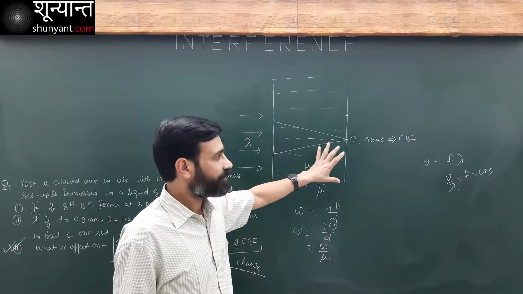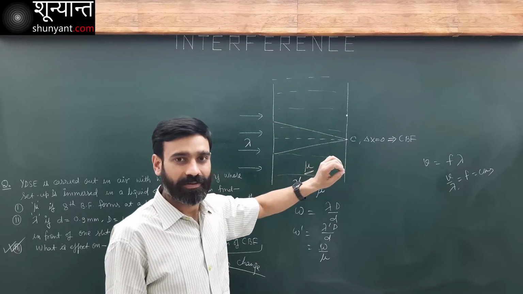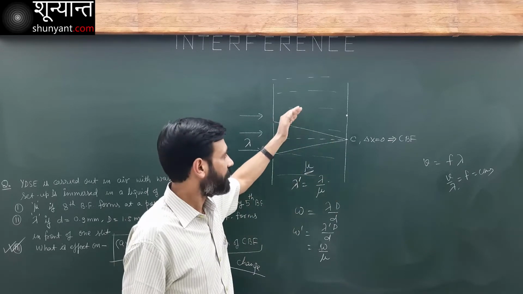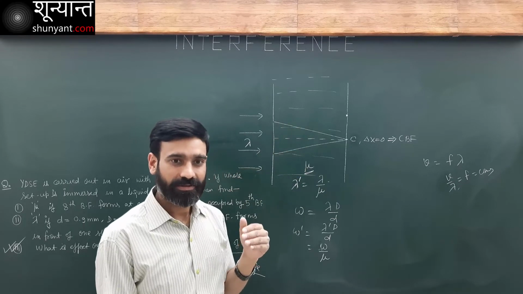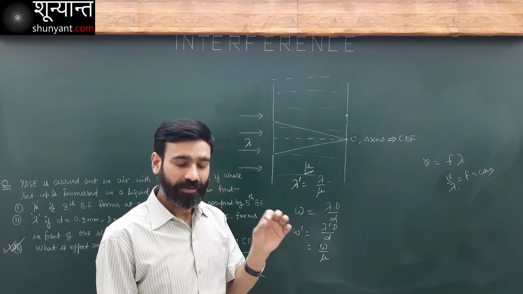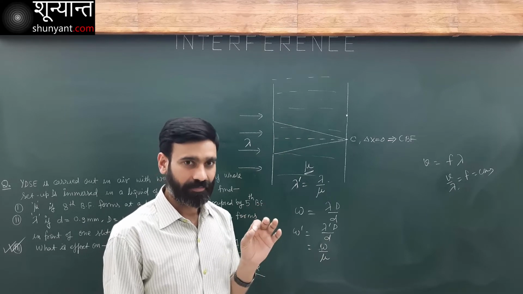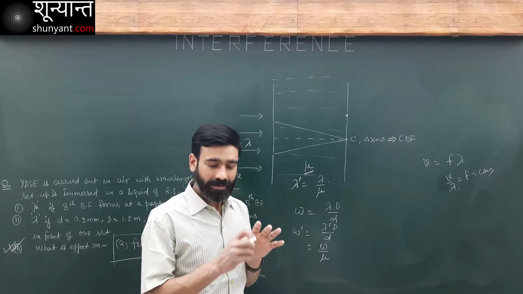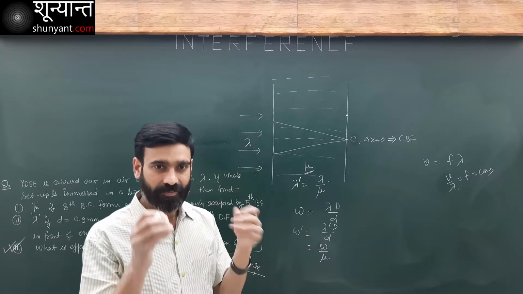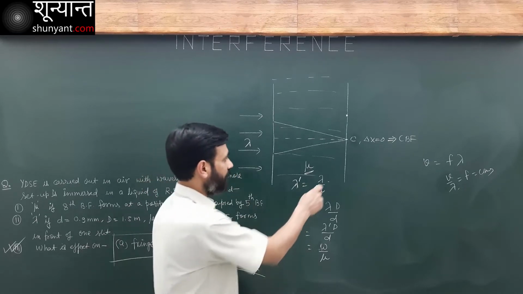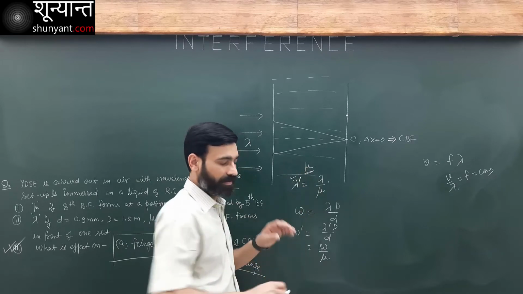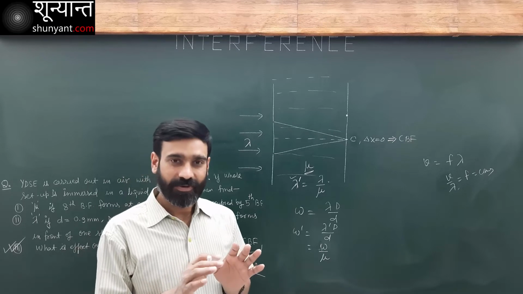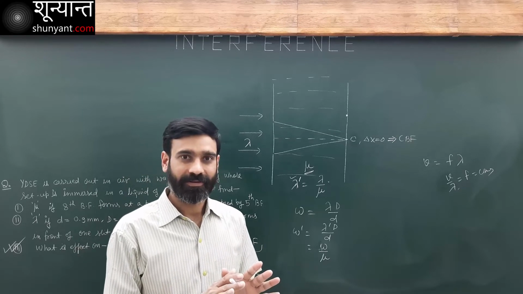So mark this point. If the medium in the YDSE setup is changed, instead of air, if it is carried out in some other medium, then you find the wavelength in that medium and carry out your calculation, forgetting about the medium. Just in place of lambda, you start using lambda dash. Then everything else will remain the same.